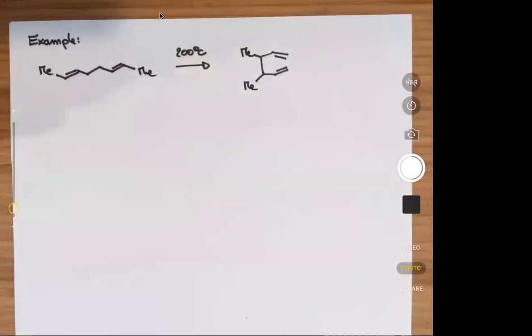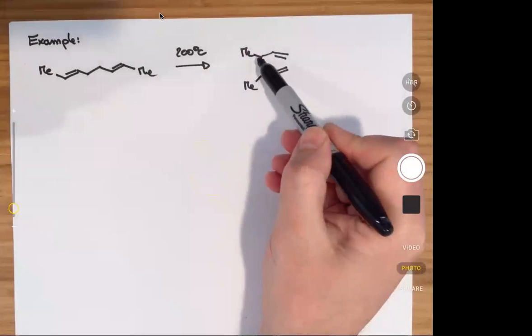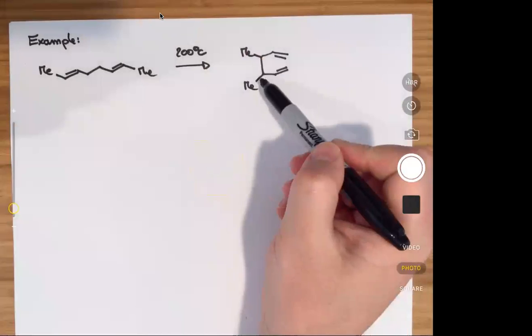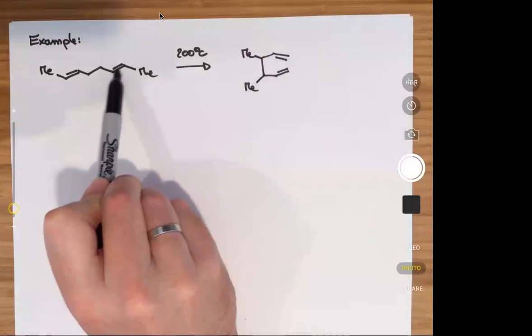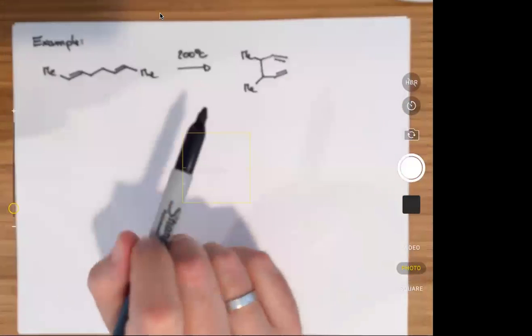Right? Now, one thing that you immediately see is that I have not defined the stereochemistry of these methyl groups here, because they are set essentially by whether these bonds here are cis or these bonds are trans.